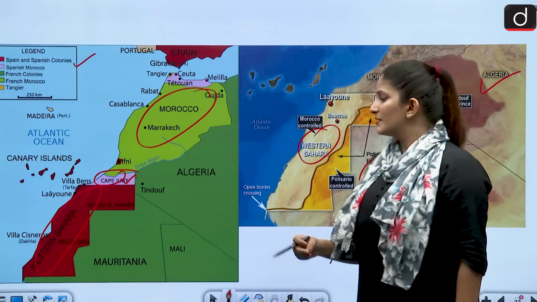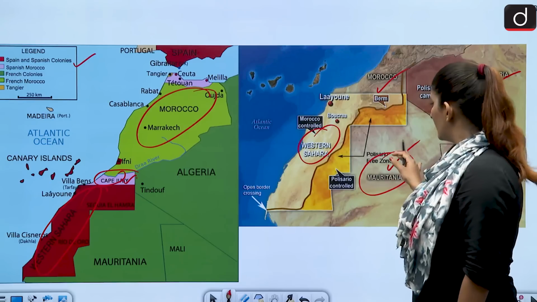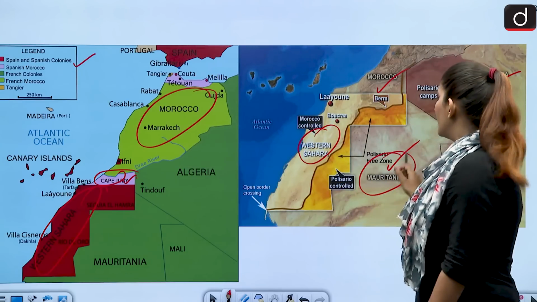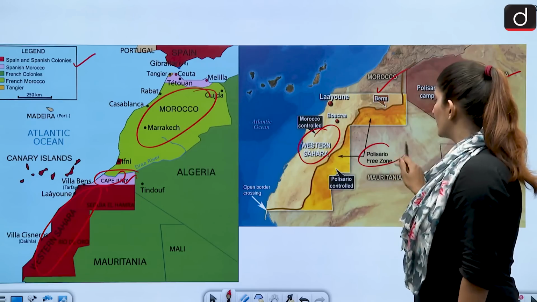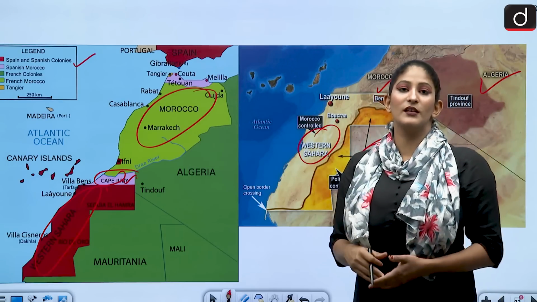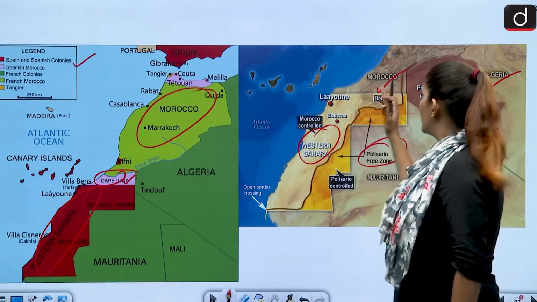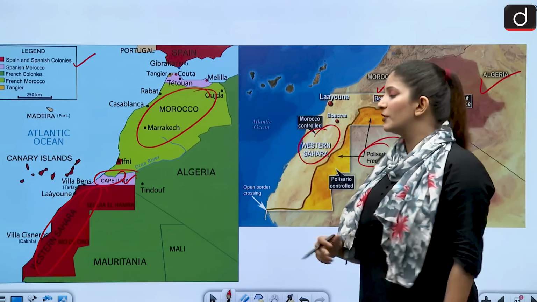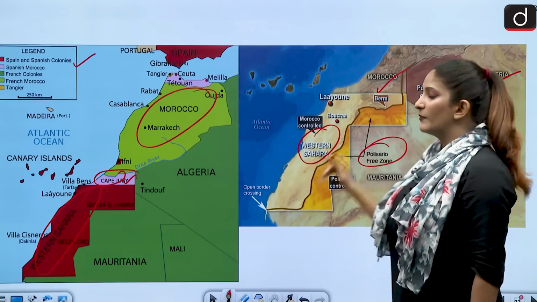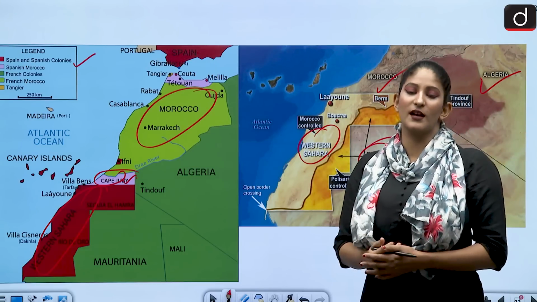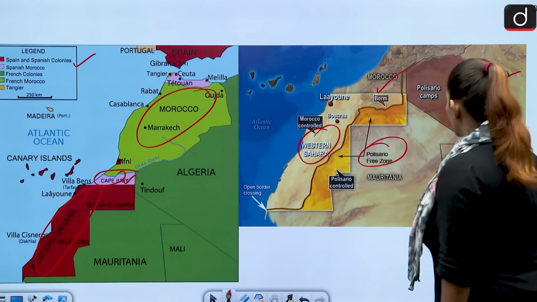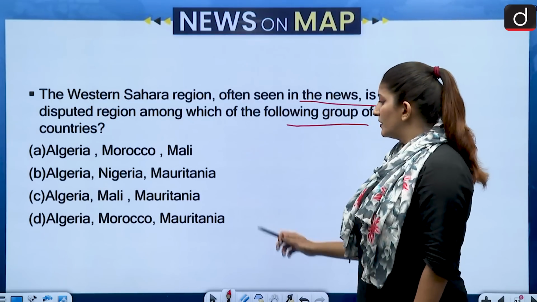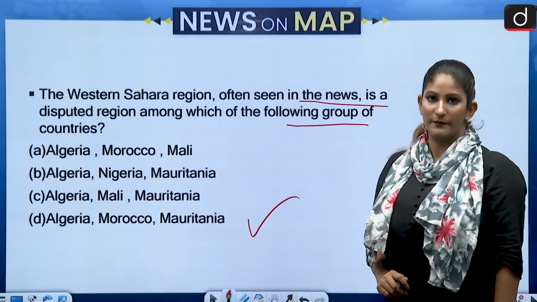Algeria supports the Polisario Free Zone, and between Mauritania and Morocco it was already a dispute. Algeria came into being after Polisario. They were not happy with the controlling of Western Sahara by the countries. So Mauritania, Morocco and Algeria is going to be the correct answer, that is option D, okay.